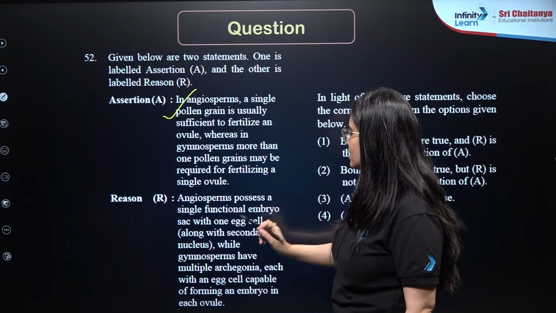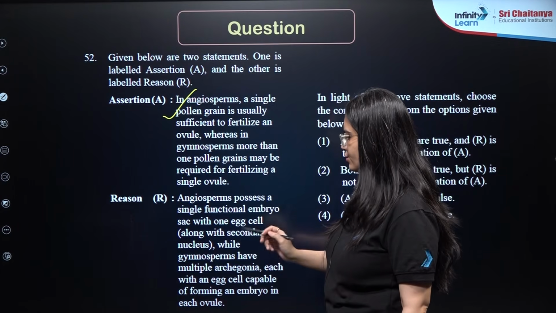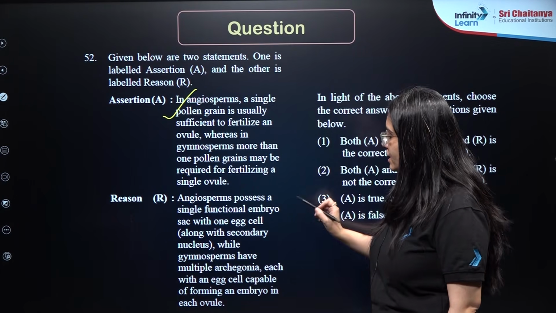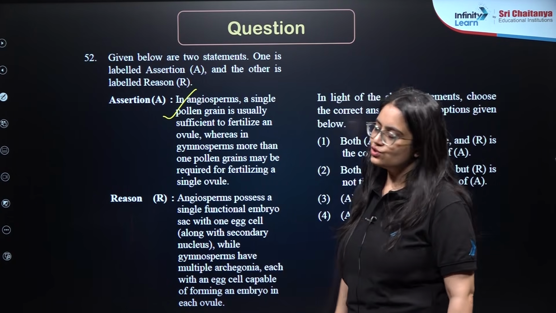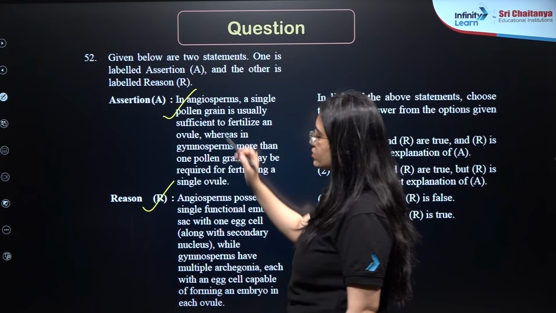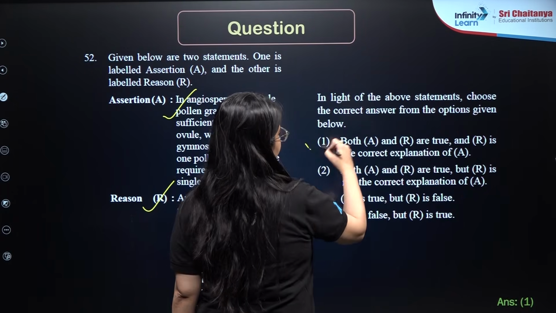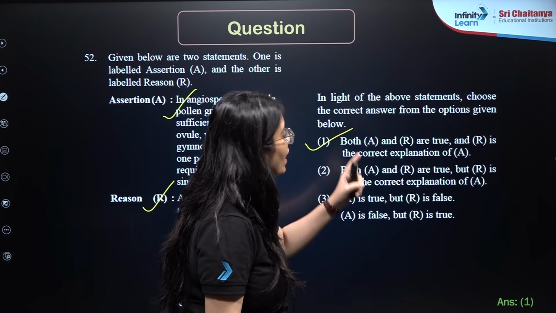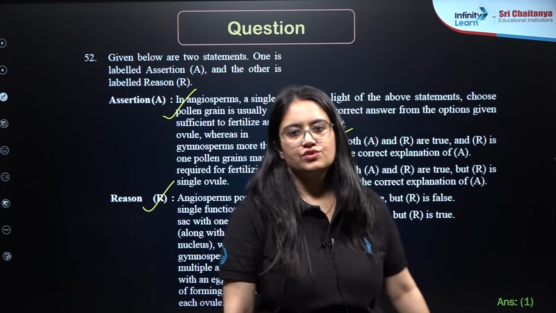Angiosperms possess a single functional embryo sac with one egg cell along with the secondary nucleus, while gymnosperms have multiple archegonia, each with an egg cell capable of forming an embryo in each ovule. Yes. So in fact, both assertion and reason are correct, and therefore, my dear students, the correct answer is 1. Both assertion and reason are true, and reason R is the correct explanation of the assertion.